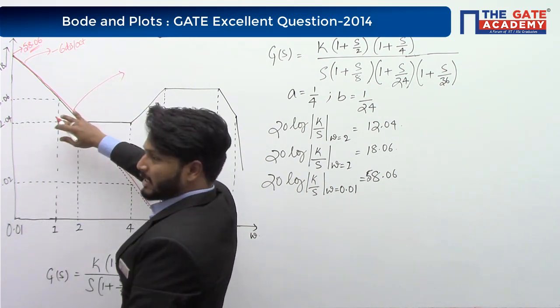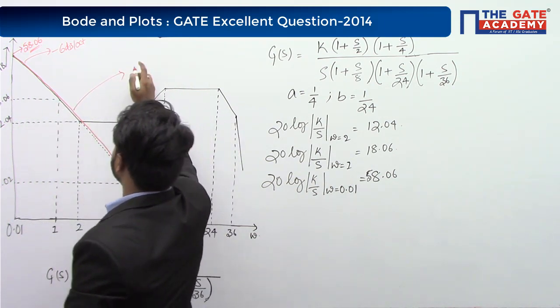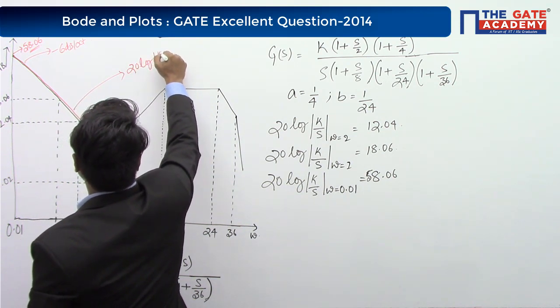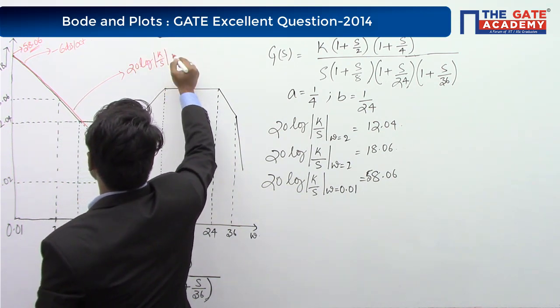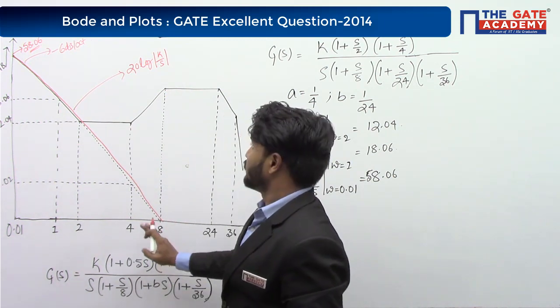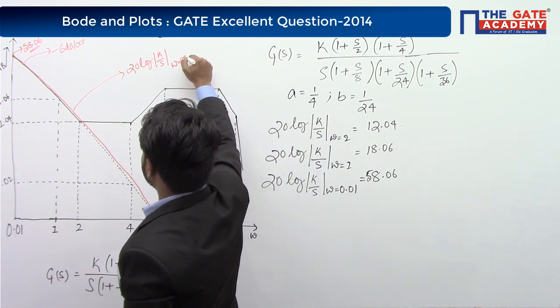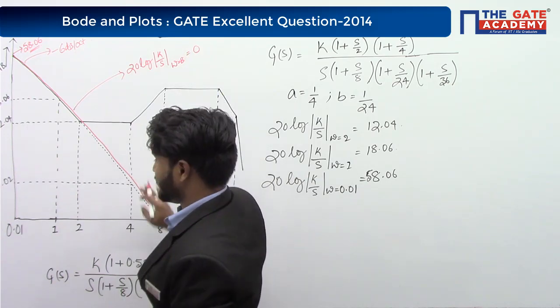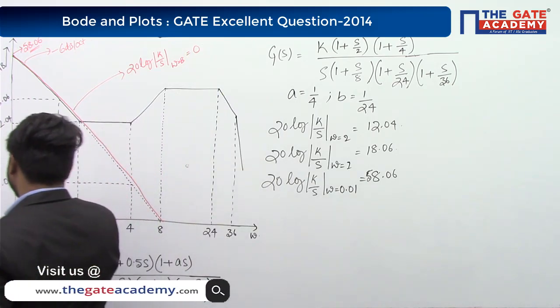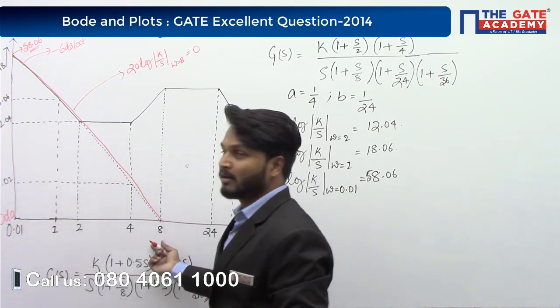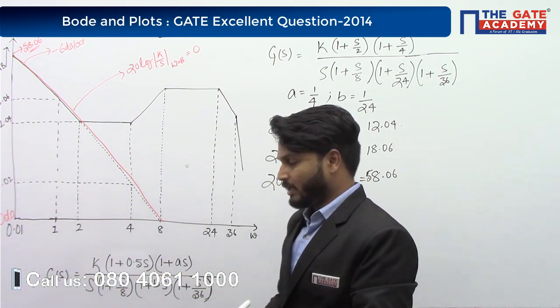So in the log magnitude curve, the equation for this straight line is nothing but 20 log modulus of K by S, right? Therefore, 20 log modulus of K by S at omega is equal to 8 is equal to 0 decibels. It is intersecting the 0 dB line at omega is equal to 8.